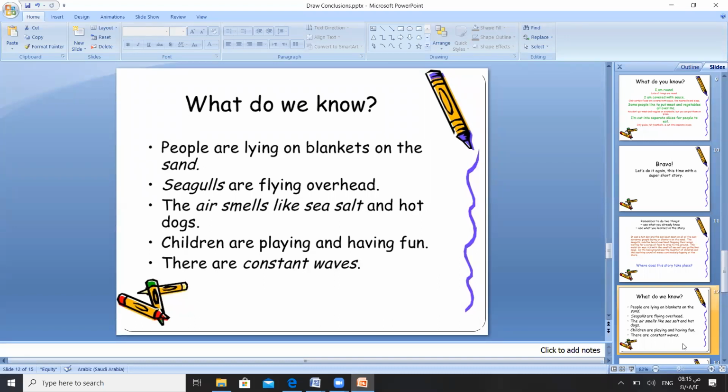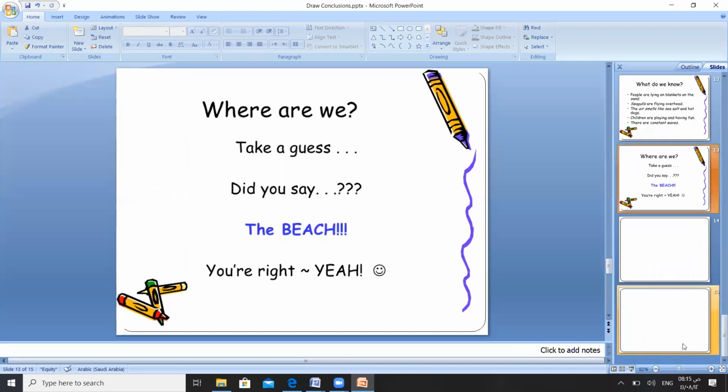So what do you think all these things, all these facts that they put for us, where do you think we are? The story takes place where? If your answer is the beach, you have the correct conclusion. So what did I do here? I took information from the text to draw my conclusion, to guess what I'm talking about.